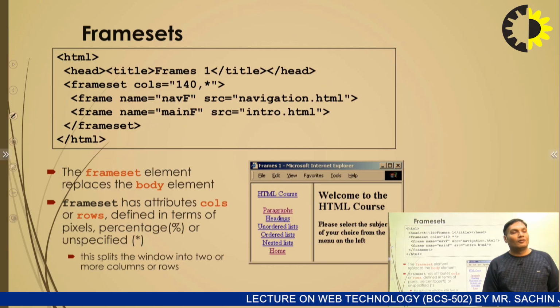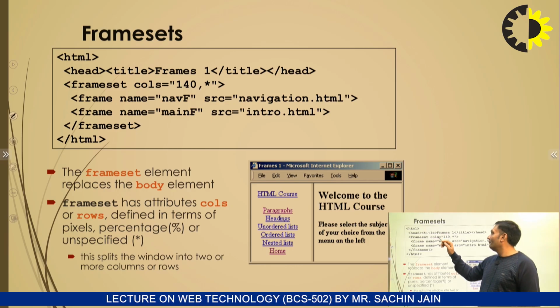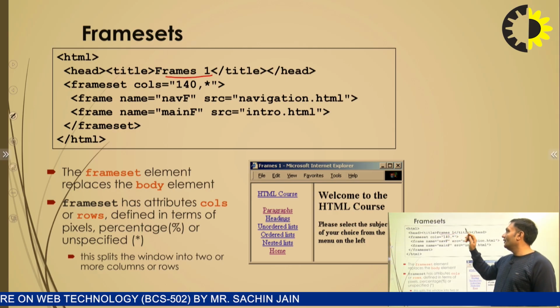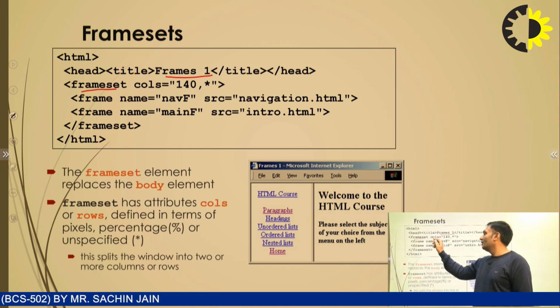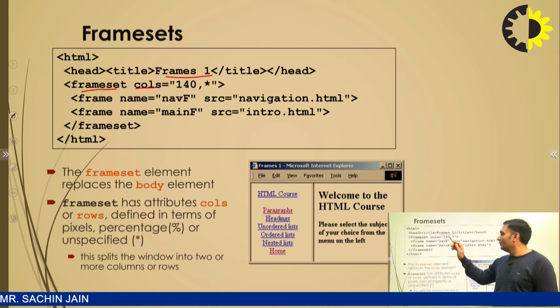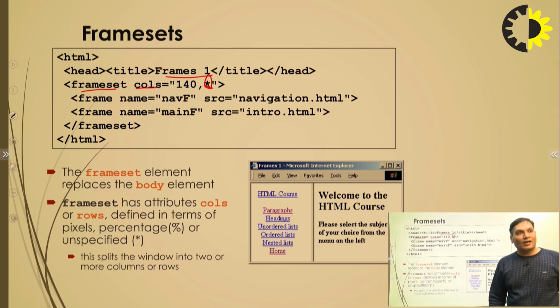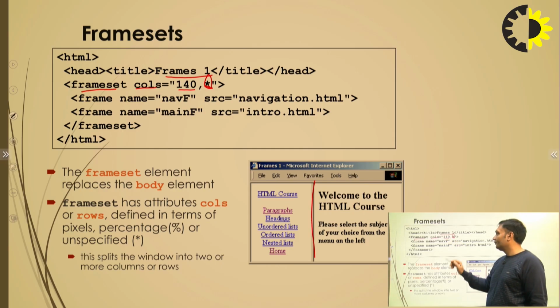So let's see how it works. The title of this page is frame 1, and we are taking a frameset element that has cols value 140 comma star. The star is used to utilize the rest of the page apart from this 140 value.